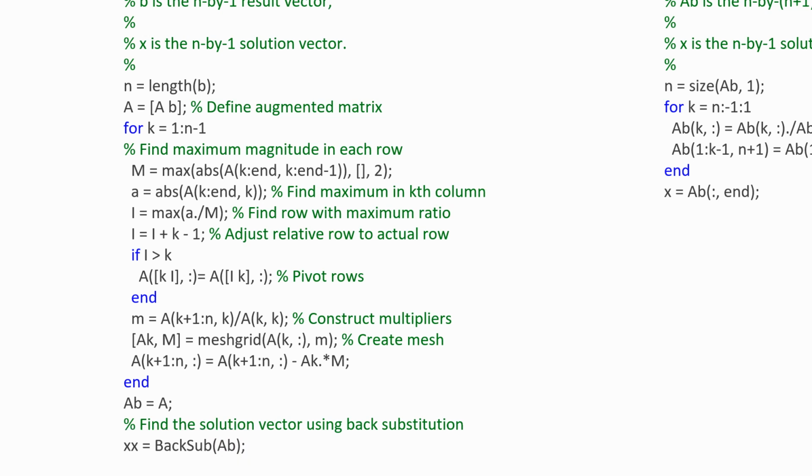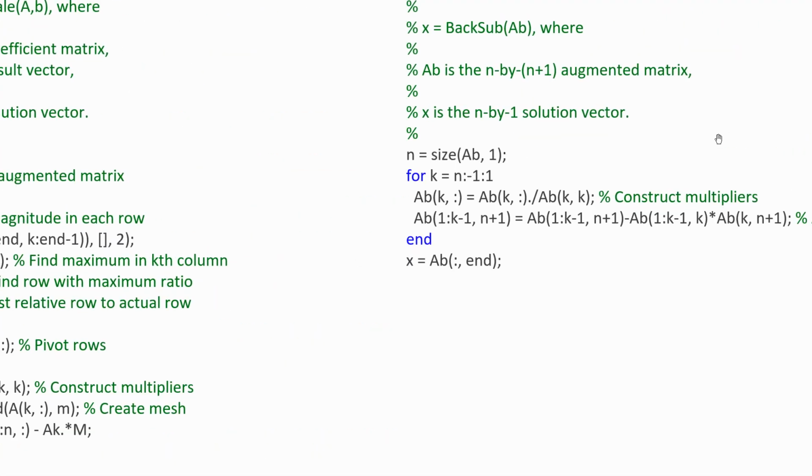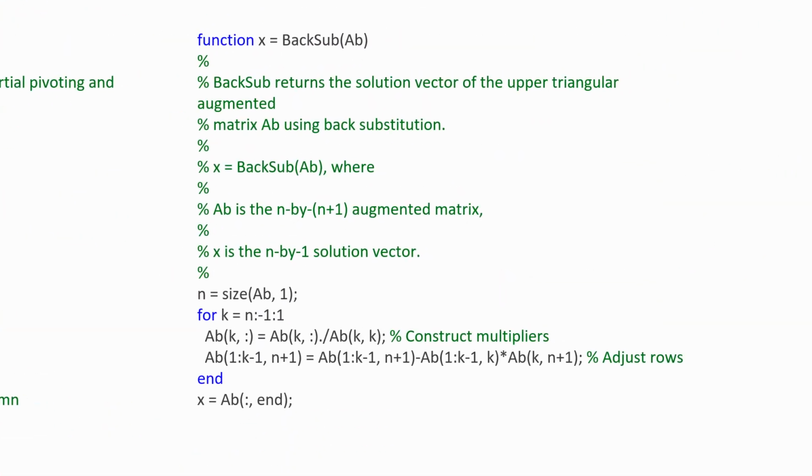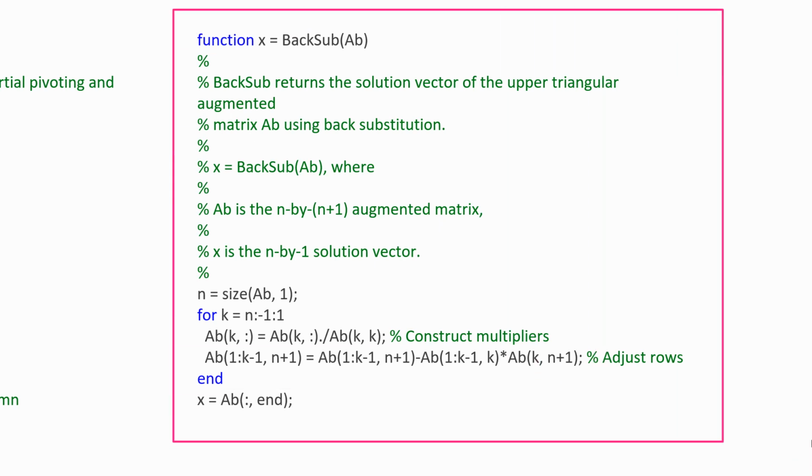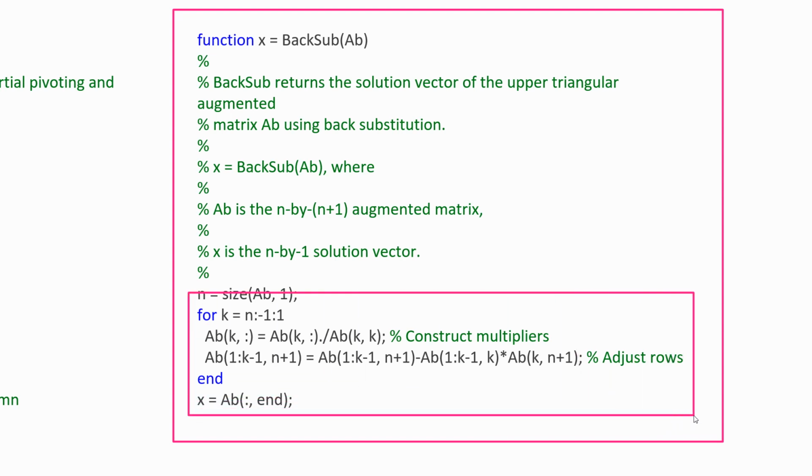And here is the function of back substitution, in which they show you that, okay, if we have the augmented matrix, you can back substitute from the last row and then find the value of x.